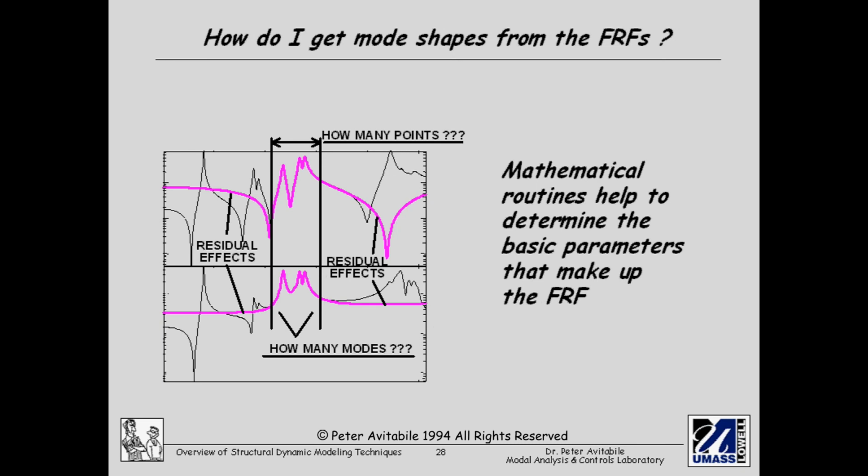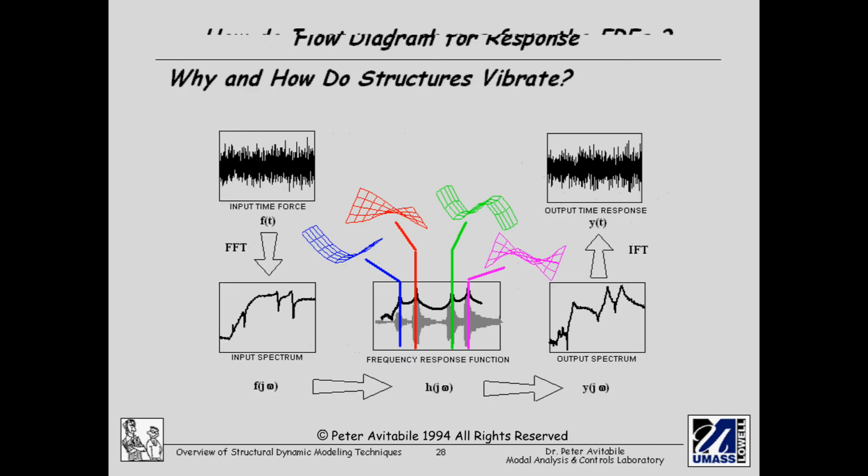So what I do is I use mathematical routines to help me decompose these measurements into the basic parameters that make up these response functions. And so we'll talk about modal parameter estimation extensively in this course, and we'll see that it's a tool that we use in order to extract parameters of the system.